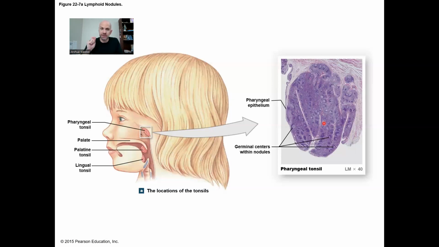If the tonsils get activated, they can respond by doing antigen presentation and cycling up a stronger immune response for the adaptive immune system. So tonsils are lymphoid tissues in the neck, the throat, and the mouth.